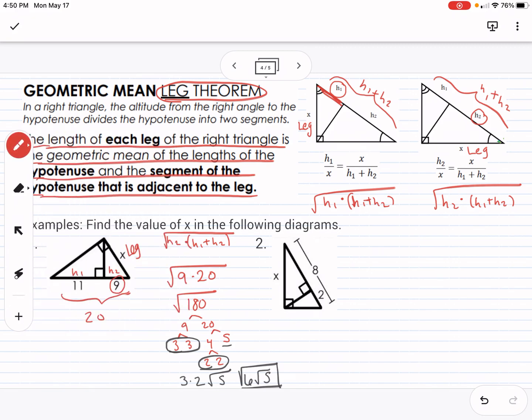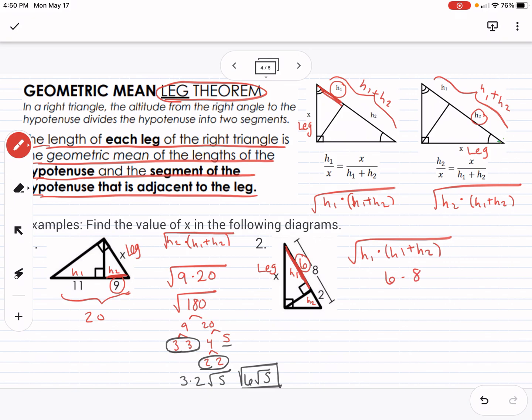On this next one, x is also a leg. So these are my 2 segments. So I'm going to multiply it times the piece that's touching it. So here it would be h1. We don't know h1. This whole piece is 8. This little piece is 2, so h1 would be 6. So we're going to do h1 times the whole hypotenuse, square rooted.